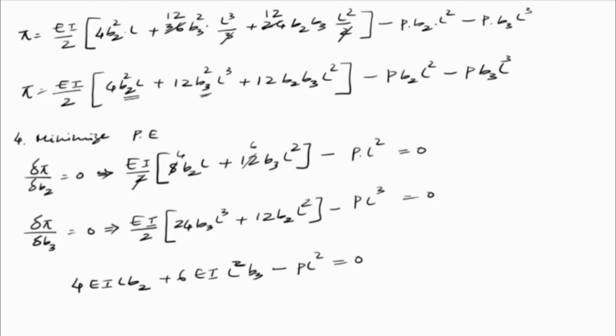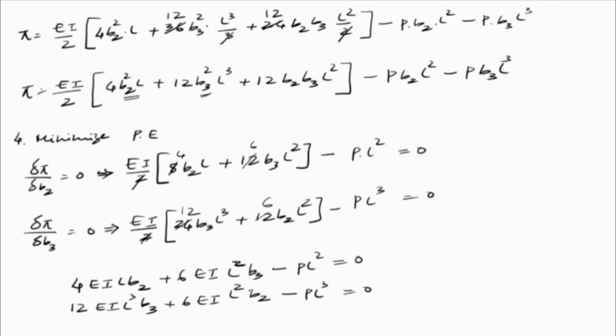Similarly, this EI also take it inside. So it is 2, this is 12. So it is 12 EI L cube b3. Then this is 2, this is 12, 6. Means it is plus 6 EI L square b2 minus P L cube is equal to 0.